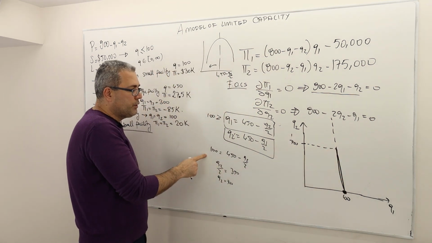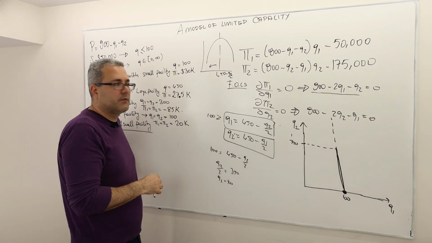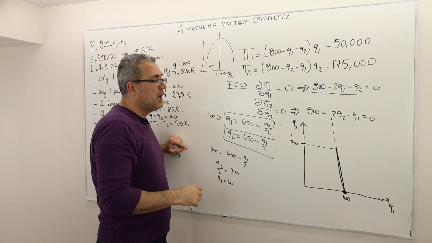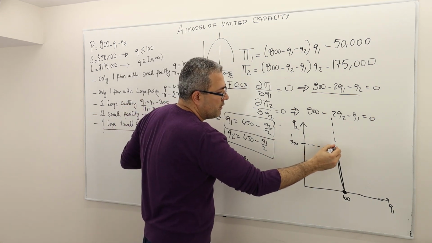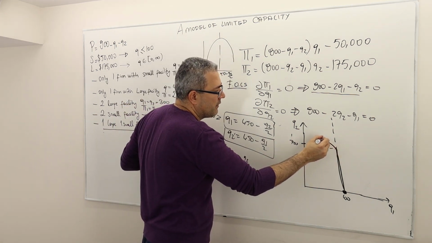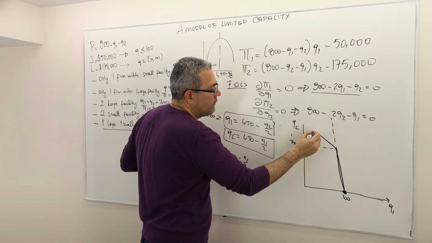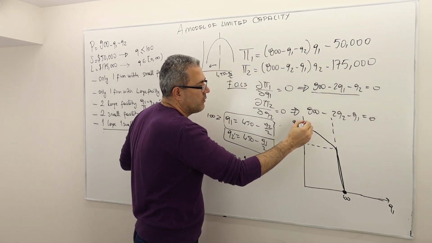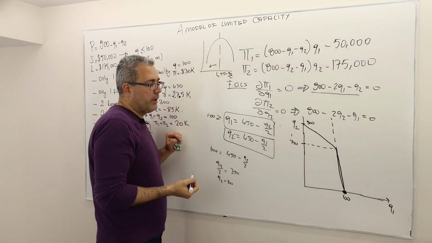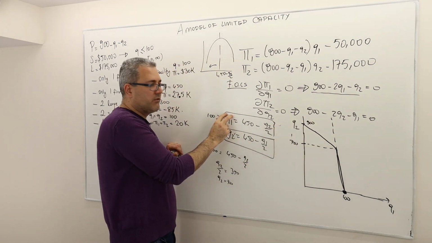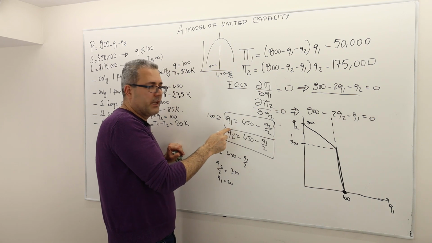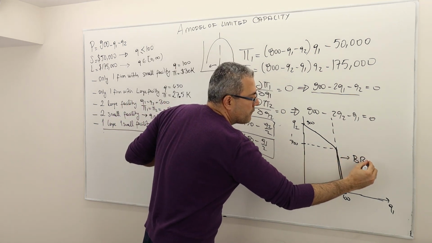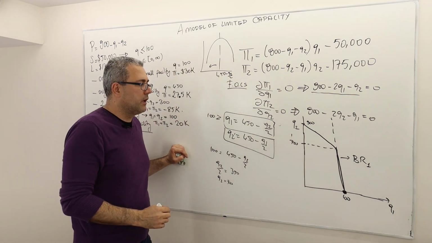Once Q2 is above 700, and getting larger and larger, Q1 will start decreasing. Where does it intersect the vertical axis? It's 900, because when Q1 is 0, Q2 is equal to 900. So this is what the best response function for firm 1 will look like.